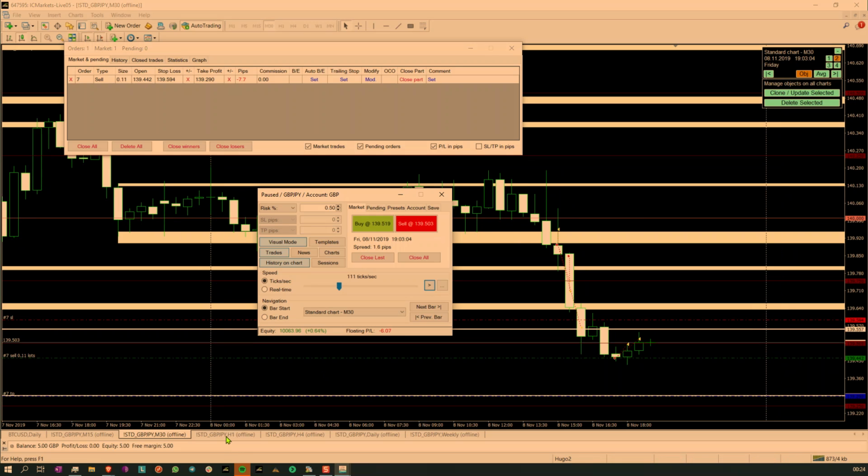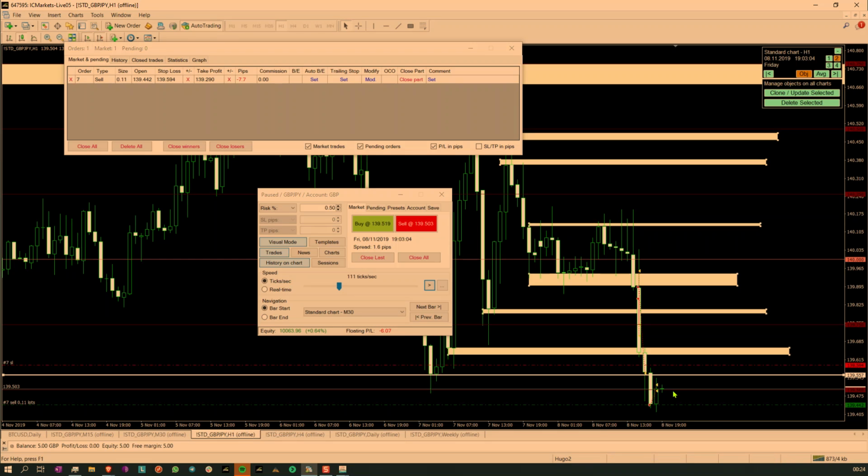Now the 1 hour has closed bullish. But at the same time, it might just react to that zone. I only have 25% of the trade, so I'm good. Even if we lose, I'm good.